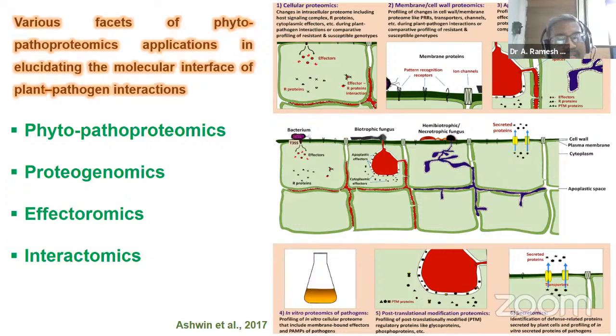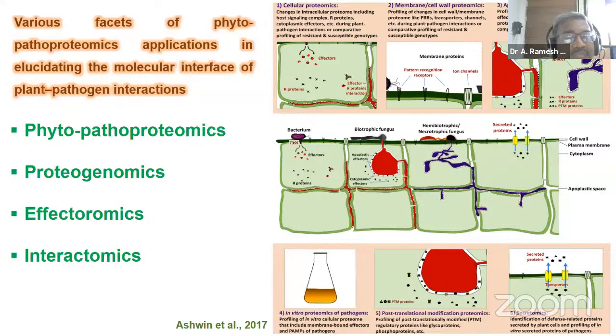Over the recent years, maybe after 2000, we have been seeing lots of whole genome data coming out of not only model systems like Aspergillus, but we have lots of genome sequencing projects coming out with the whole genome information of crop plants like rice, and of course, sorghum is also in the offing. But parallelly, you could see lots of pathogen genomes have been decoded, and this has added more strength in understanding the plant pathogen interaction.